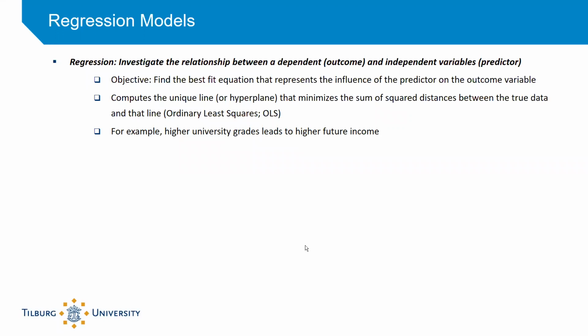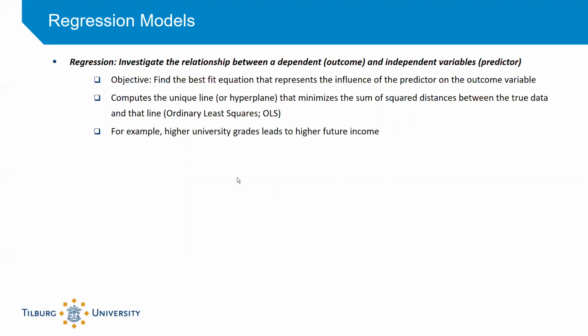So for example, if we say that higher university grades lead to higher future income, the dependent variable we are concerned about is higher future income, and the independent variable or the predictor is the university grades. And we'll try to fit a mathematical equation that relates future income and university grades.